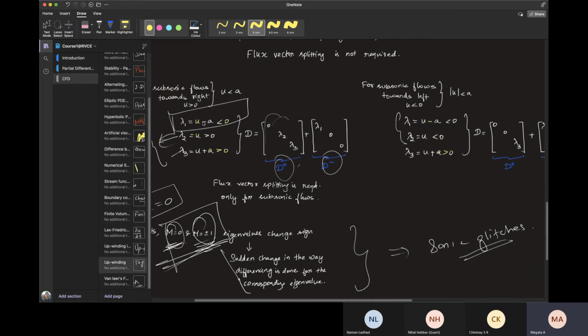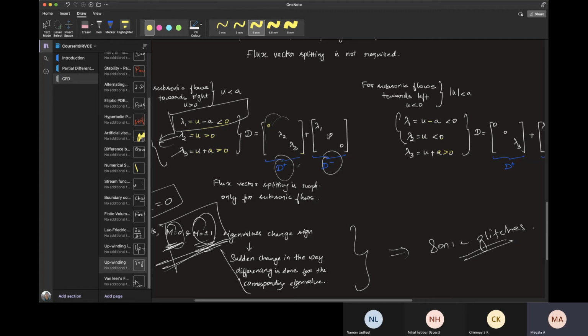Since one of them is different from the others, at least one of the eigenvalues must vanish. In D plus, there should be at least one zero and the remaining non-zero quantities.